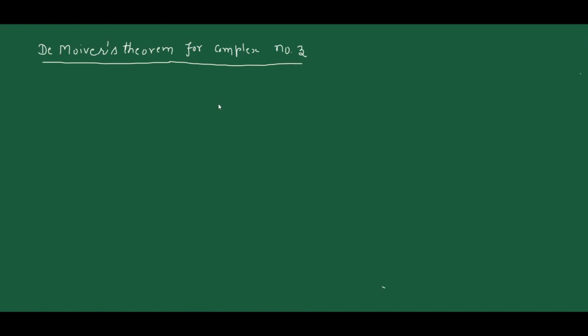Now moving to the third part, we extend the statement of DeMoivre's theorem for a complex number.